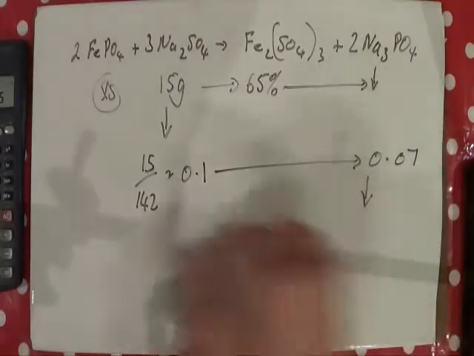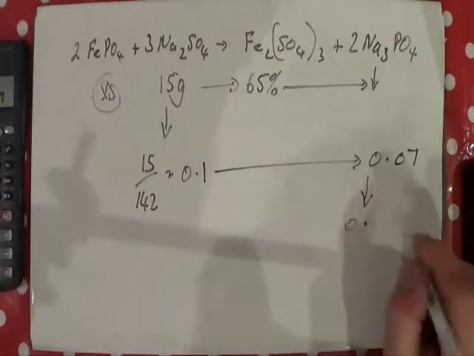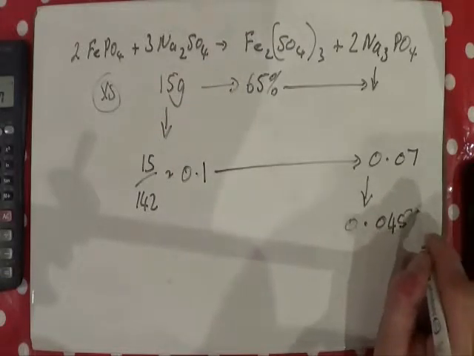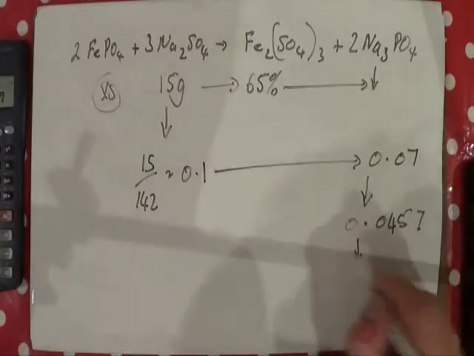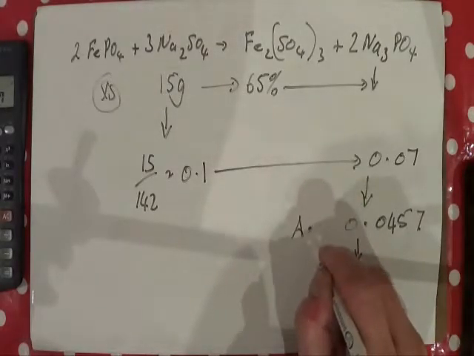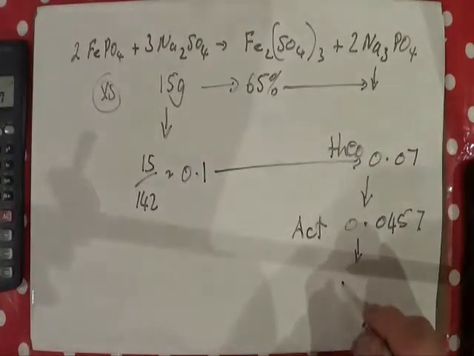But only 65% of that is actually made, which is 0.0457 moles. That is what is actually made.